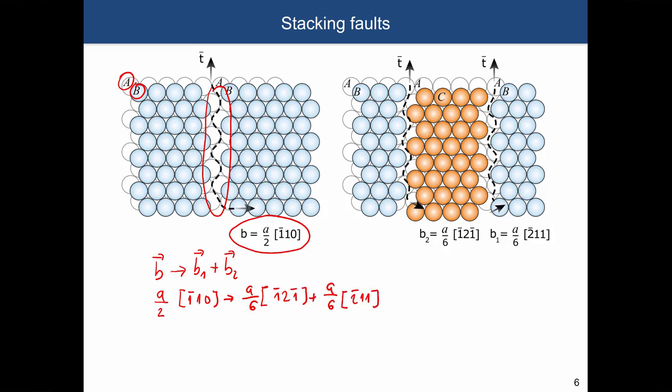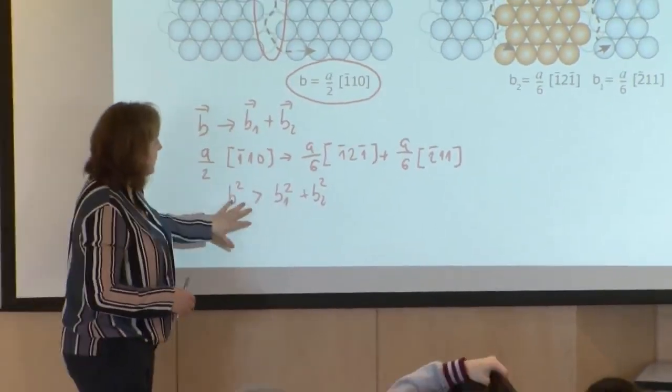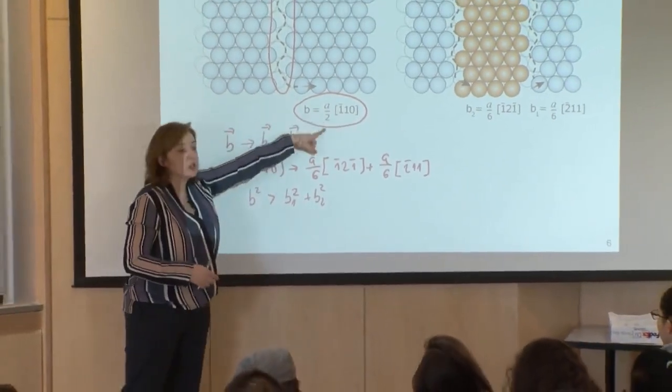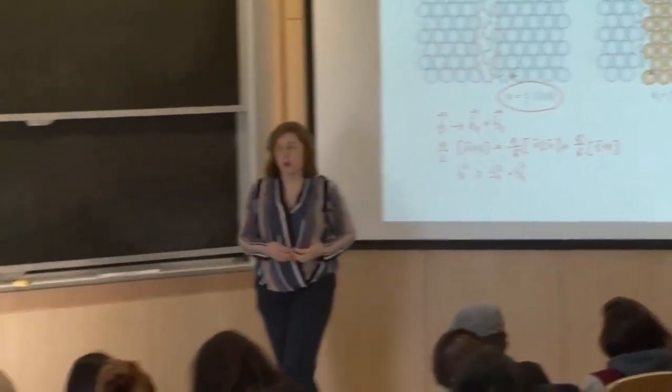If you do the math, you can see that the Burger's vector is preserved. This is energetically favorable because B squared is larger than B1 squared plus B2 squared. In other words, the elastic energy formed by the formation of two dislocations B1 and B2 is smaller than the elastic energy of the initial dislocation with the Burger's vector B. So this is energetically favorable.